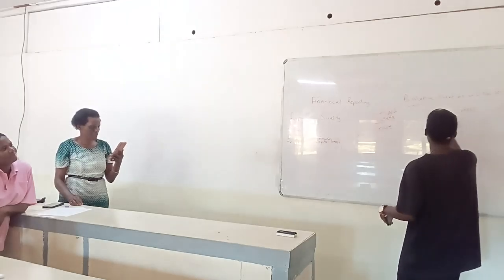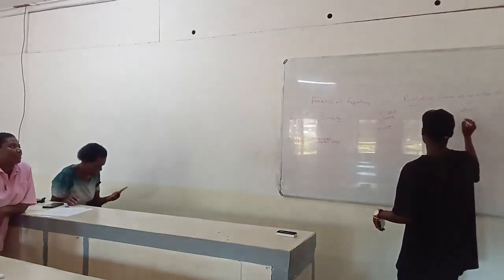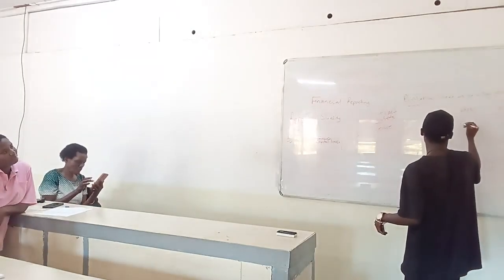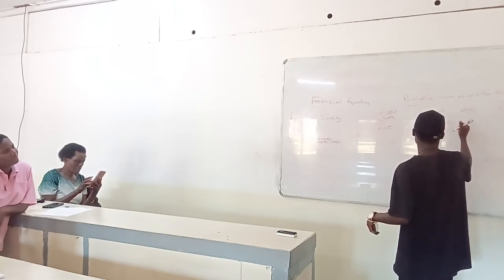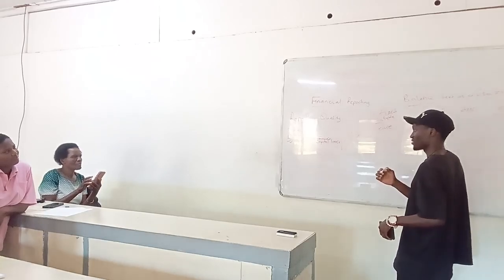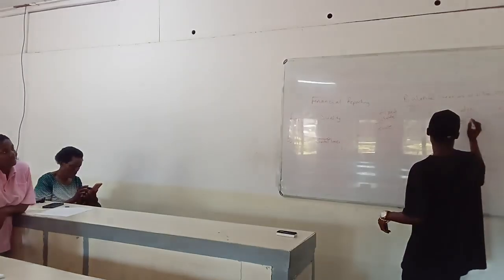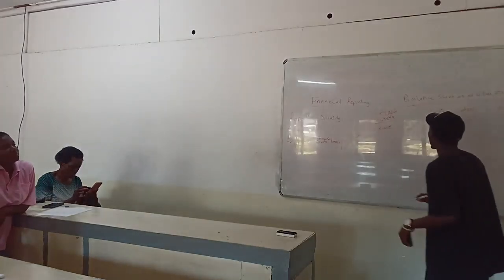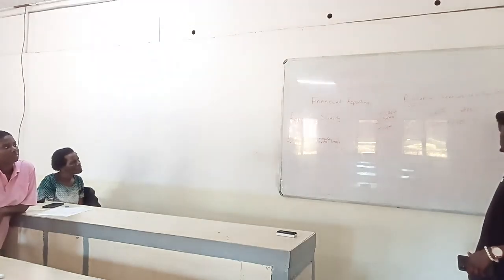So our lease will be 17,000 as our initial, and then we'll add 68,000 as our depreciation. When you add this, you must get 85.